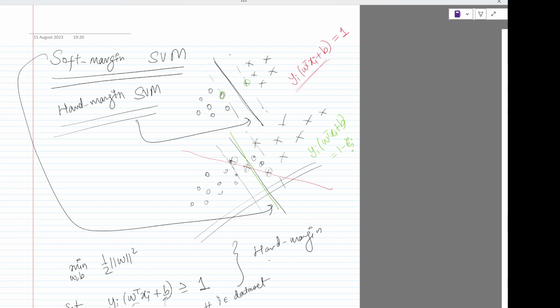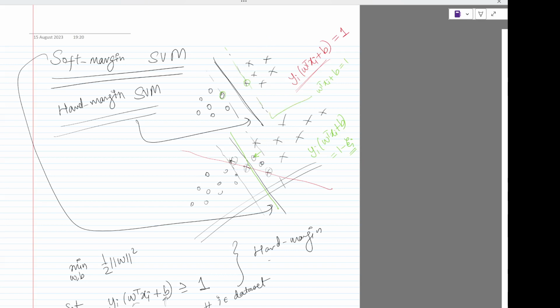So this psi i, if you see, is different for each of the samples, and what it is doing is allowing some samples to come inside of this. This is the line w transpose xi plus b equal to 1.